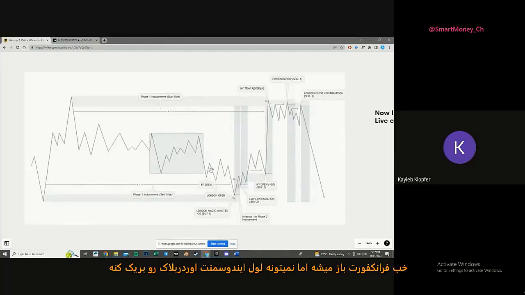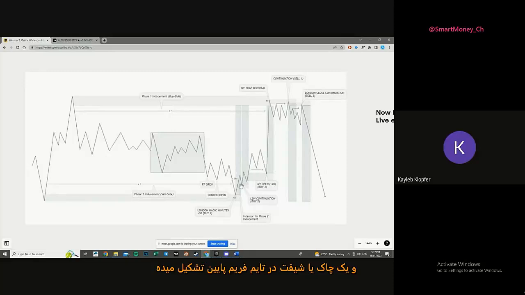Okay, Frankfurt opens, but it doesn't break our inducement level for our order block, nor does London. But we come into London magic minute mitigations, where we sweep our inducement, mitigate our order block, create our chalk or our shift, however we do our low time frame trade, and then we can buy from there.